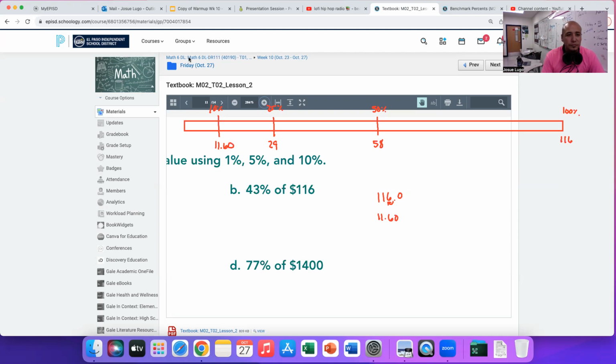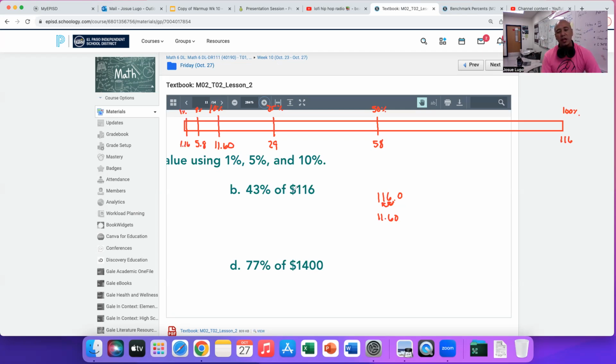Next, let's do the 5%, which is going to be half of that. So 11.6 divided by 2 is going to be 5.8. And the 1% will be taking the 100%, which is 116, and moving the decimal not only 1 time, but twice. So it's going to be $1.16.